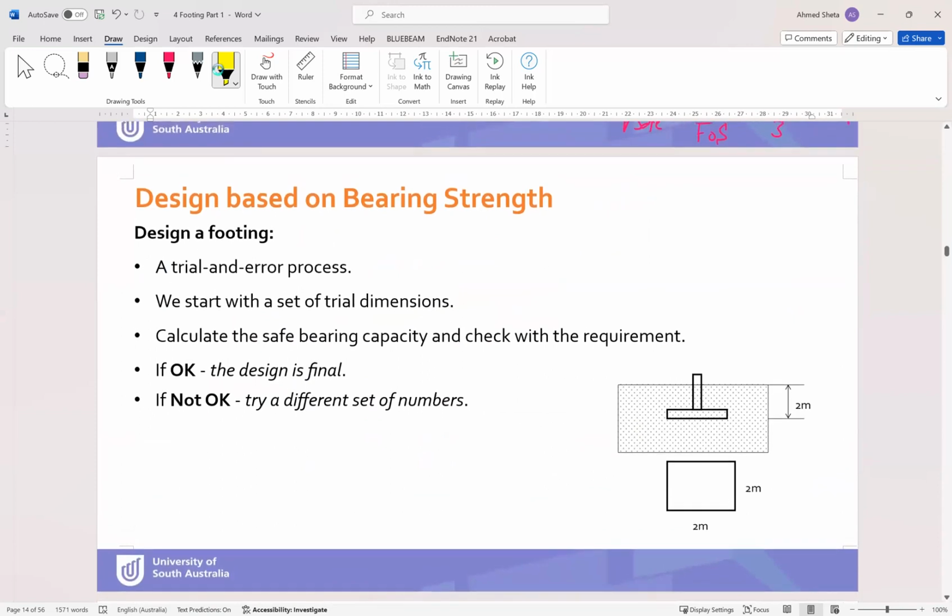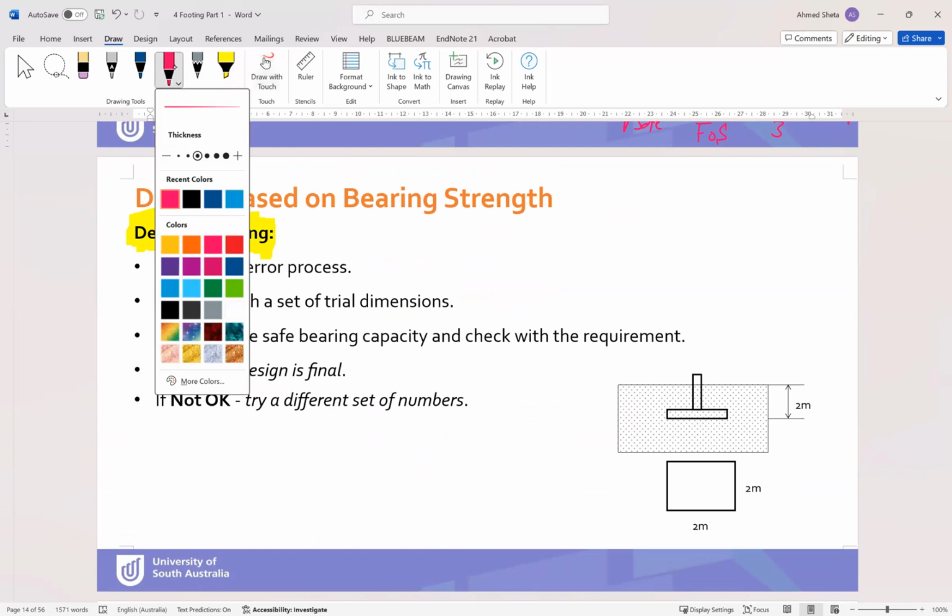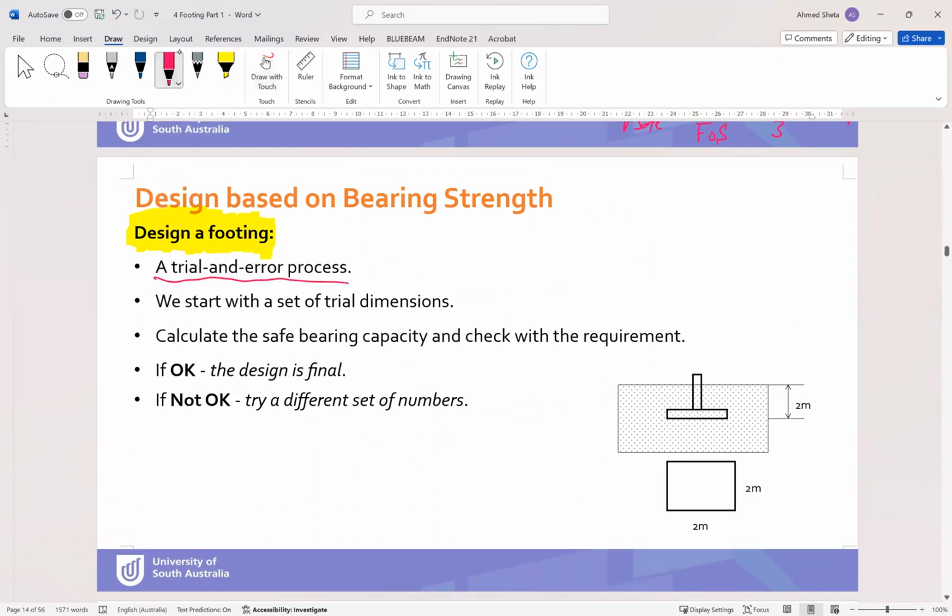And now we continue in the procedure of shallow footing design. The shallow footing design is a trial and error process. So if you have a load on a column, for example, and you need to design or get the dimension of this footing, in this case the dimension B and the other dimension A are missing.